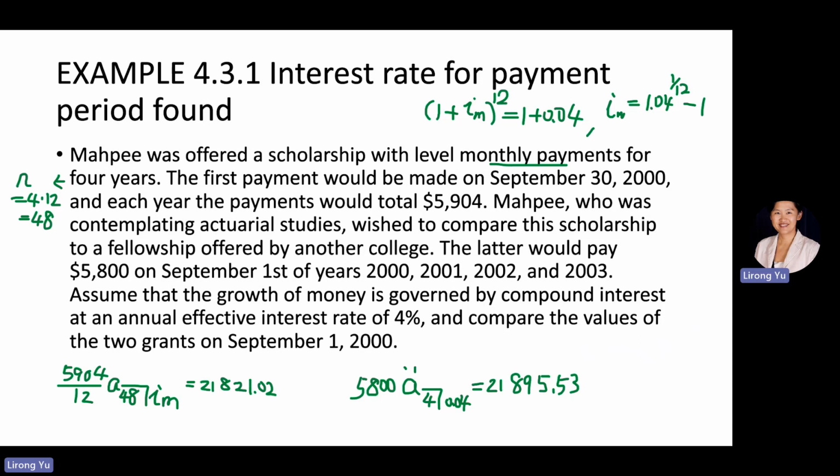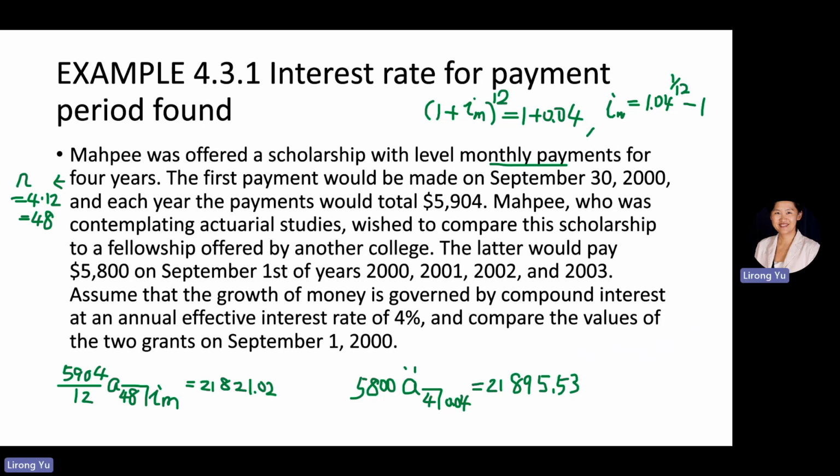The second scholarship is 5,800 on September 1st of 2000. So the second one is making an annual payment of 5,800, assuming the growth of money is governed by compound interest at an annual effective rate of 4%.